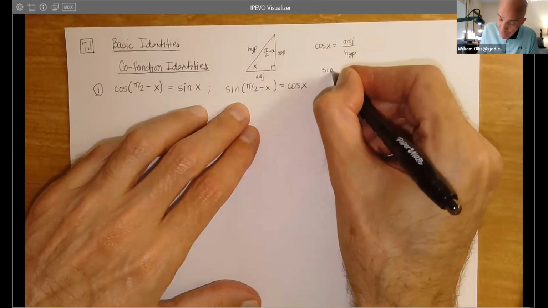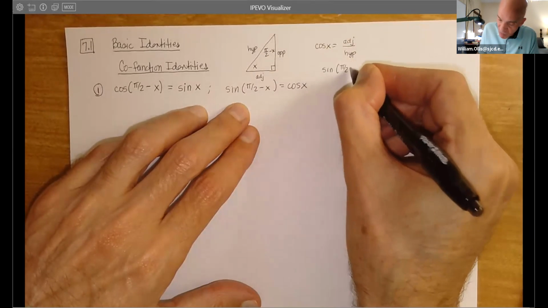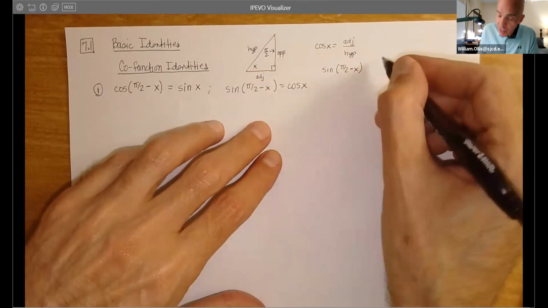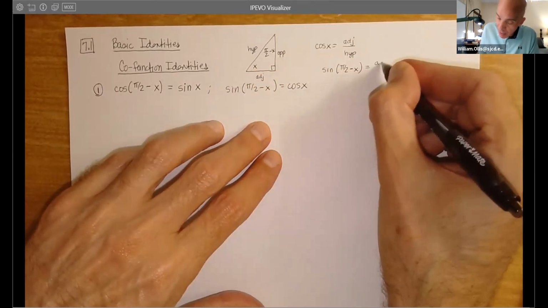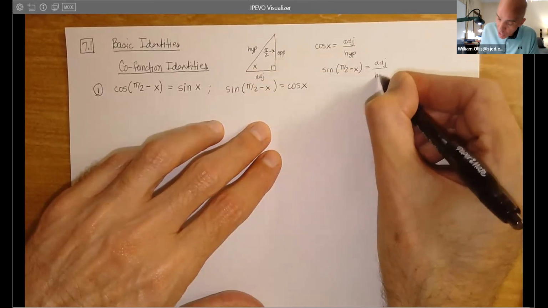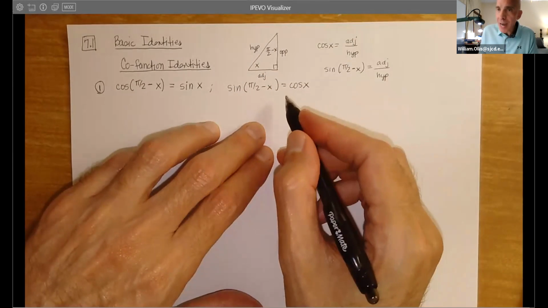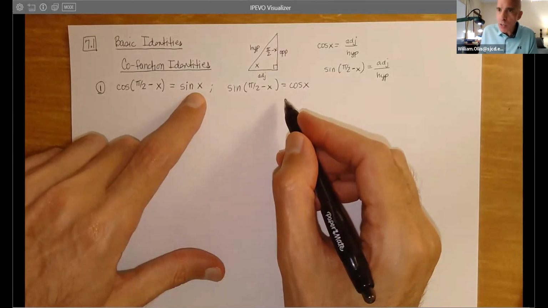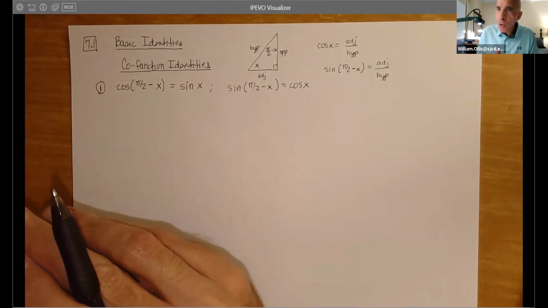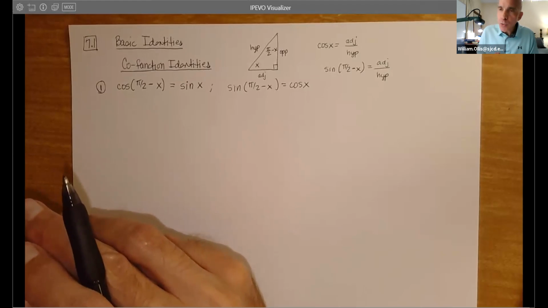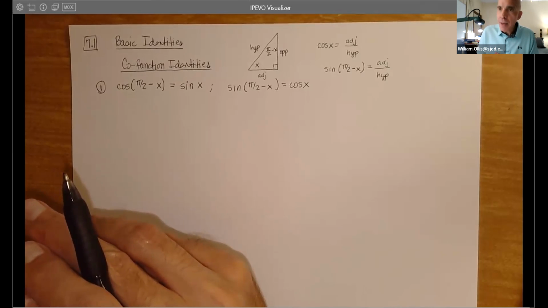So sine of pi over 2 minus x is just the opposite side, which is actually the adjacent side relative to x, divided by hypotenuse. Just by looking at the first quadrant triangles, you see that these are actually true, regardless of what x is. So these are identities. What's an identity? Equations that are true for all values of the variables for which they are defined.